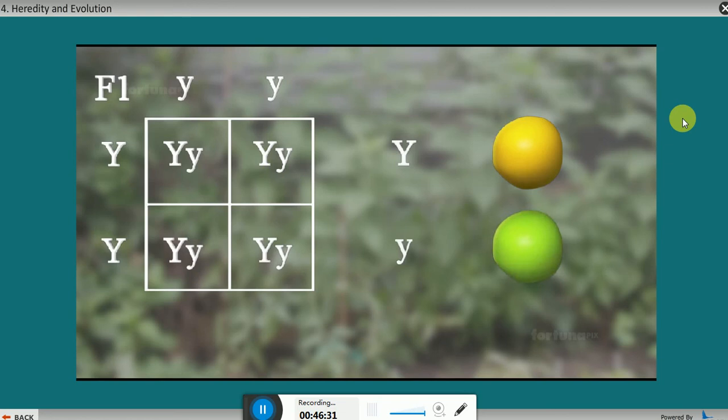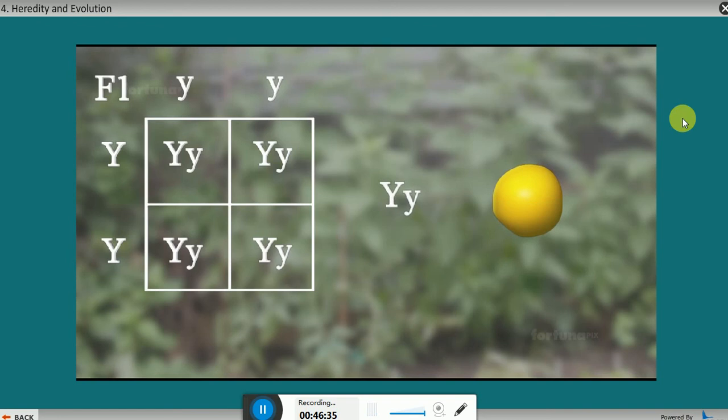Although the traits for both colors are in the genes, the plants will exhibit only one characteristic, the yellow seed color. The F1 plants have yellow seeds because the Y allele is the expressed trait, meaning it will dominate over the y allele.